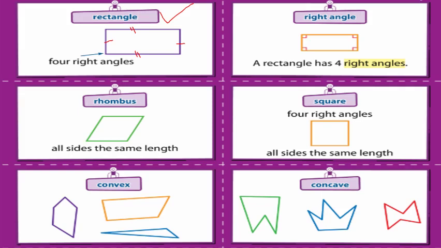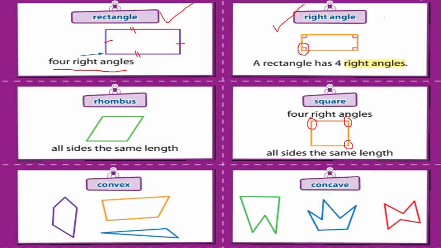Now, a rectangle has four right angles. What is a right angle? A right angle forms a square corner. When we draw a square or a rectangle, we have right angles at the vertices.